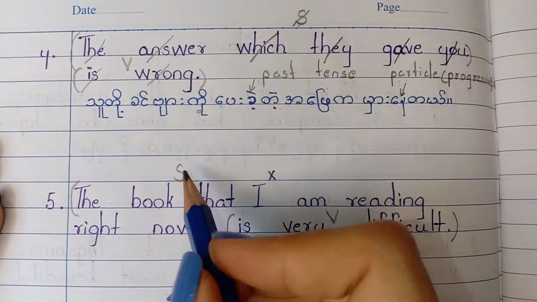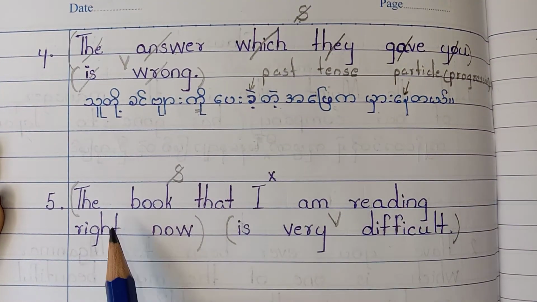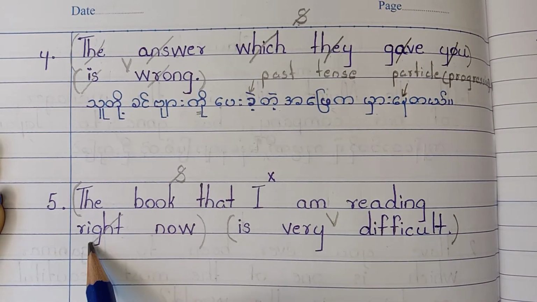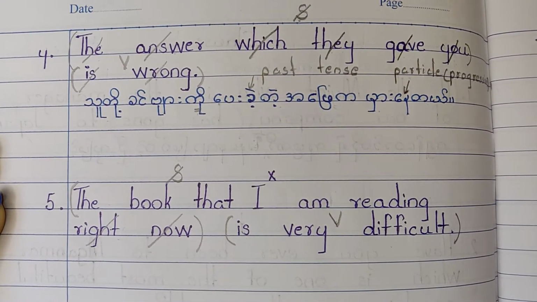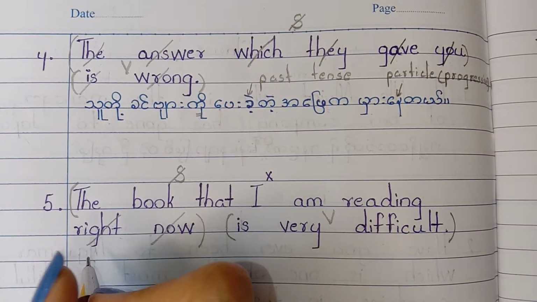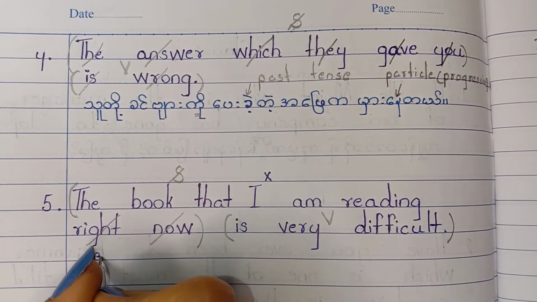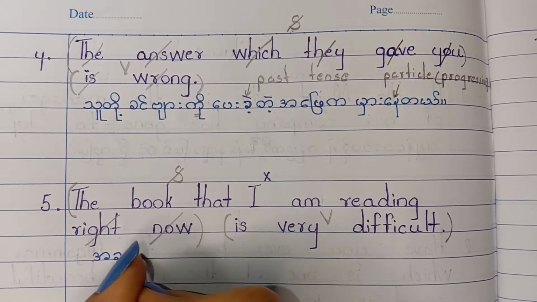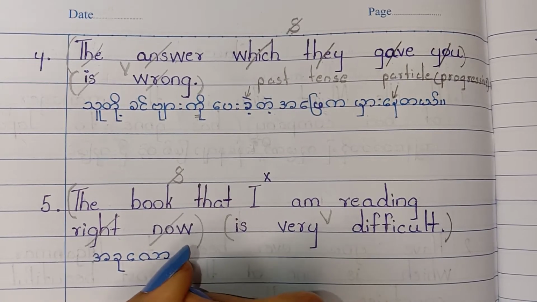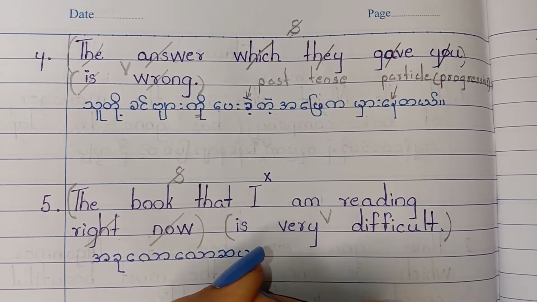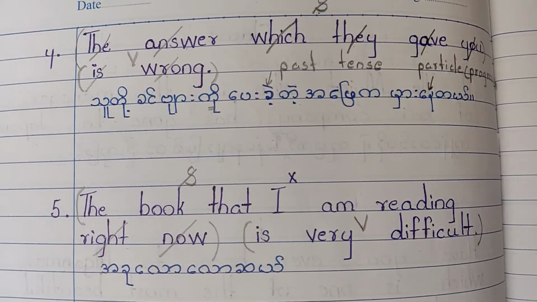So let's start from that subject. Where shall we start? We should start from the last, right now. Right now means အခုလောလောဆယ်. Right now means အခုလောလောဆယ်. That's me right now.